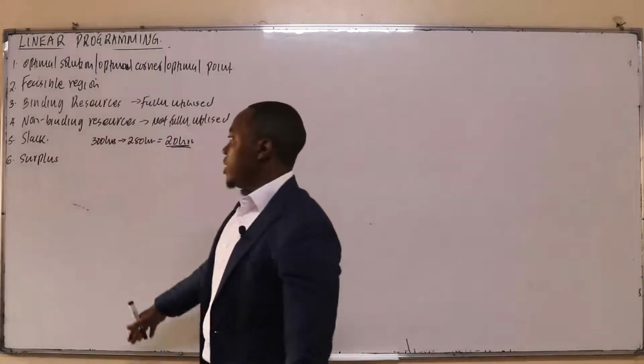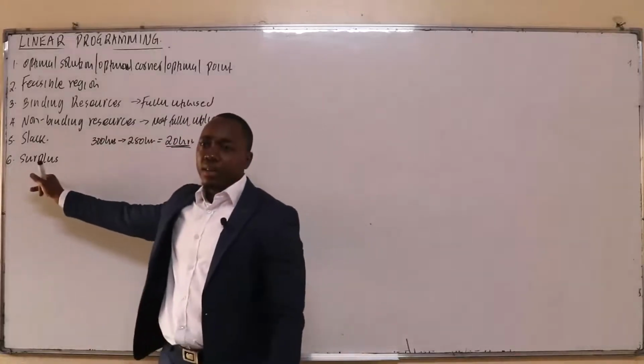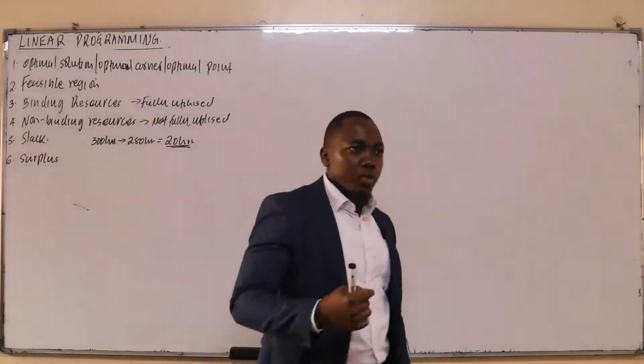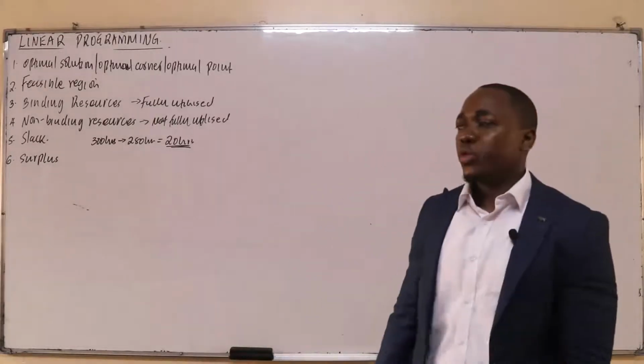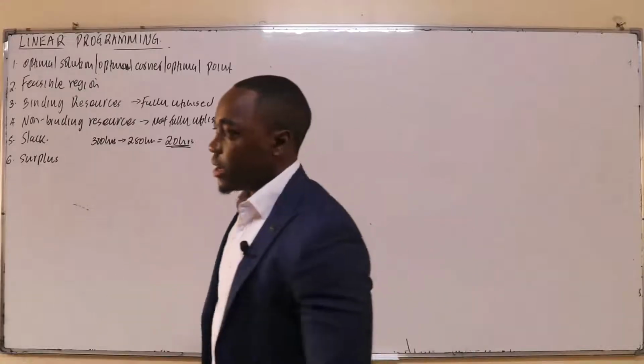So surplus is the extra, but under profit maximization it is difficult to get this. There's no way you can use more than what you had initially. So for you to have that additional, you have to pay an extra cost.